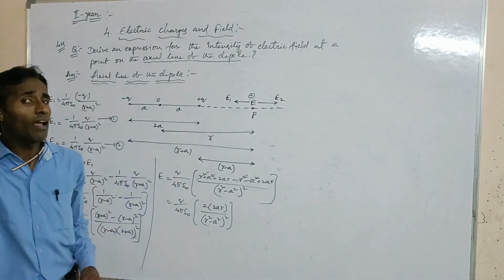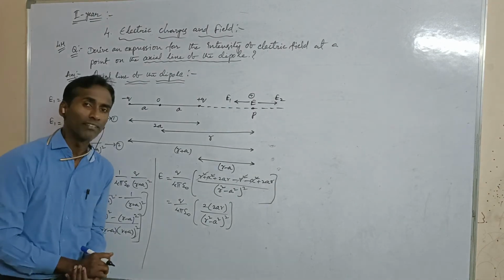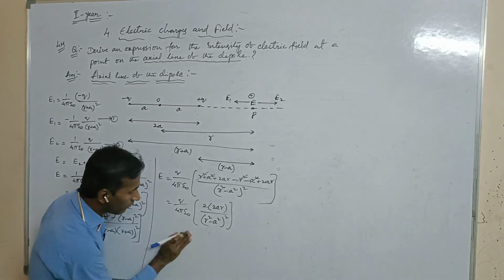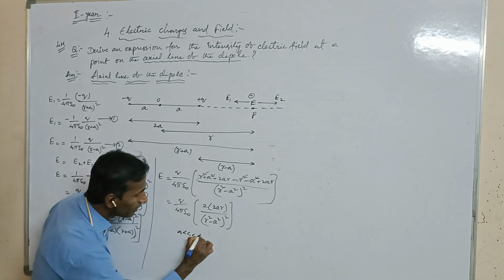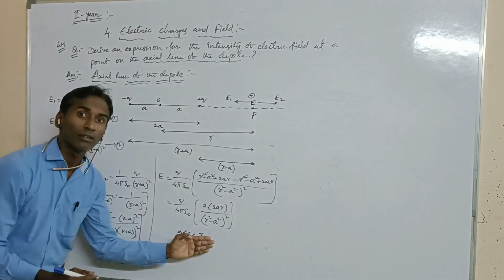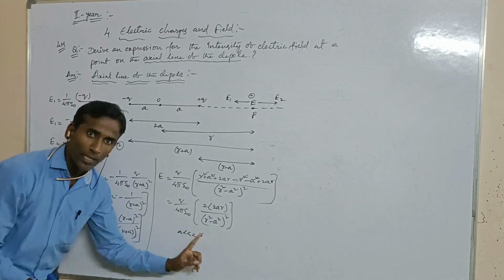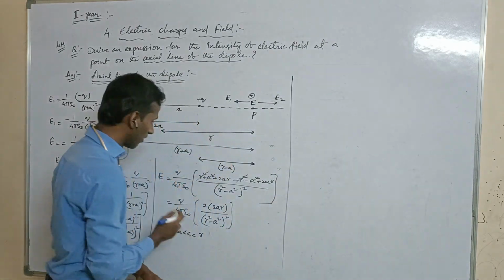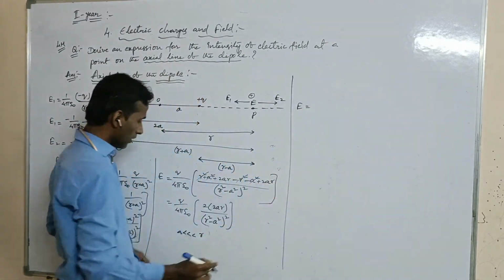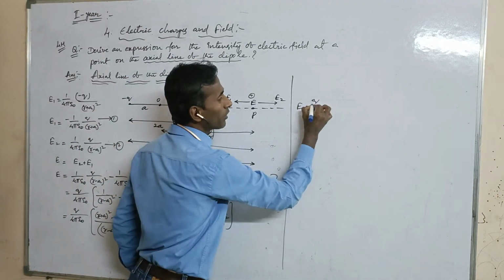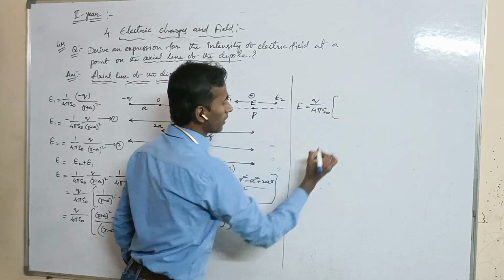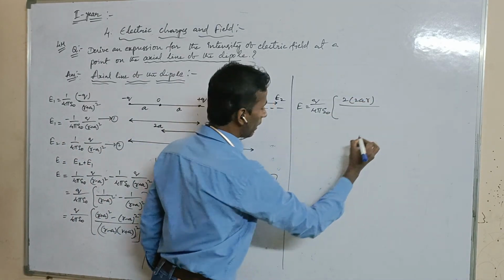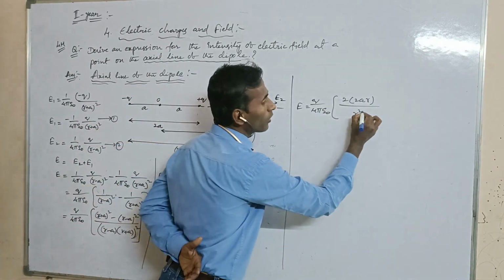Now we are having one condition. What is that condition, sir? Suppose the A value is less than R, then we have to neglect the squaring terms, means A square terms from the denominator. Then we can write here the total resultant electric field, that is E is equal to Q by 4 pi epsilon naught into 2 into 2AR by R square whole square.